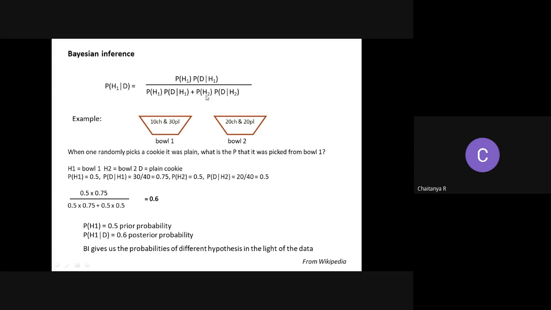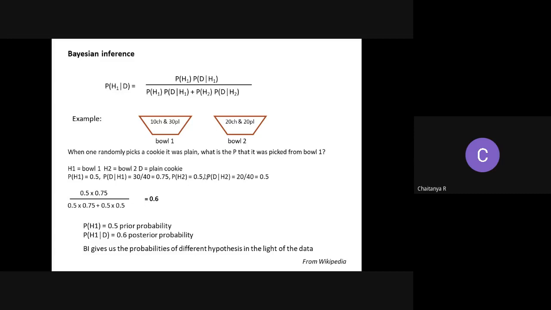This is the Bayesian equation, and it is widely used not just for tree building but in various other fields. It gives you the posterior probability of the occurrence of an event given a set of events, so it can be used in any context. It's a very useful equation to learn, and a lot of people who have done statistics courses would have. You cannot escape the Bayesian formula, right?